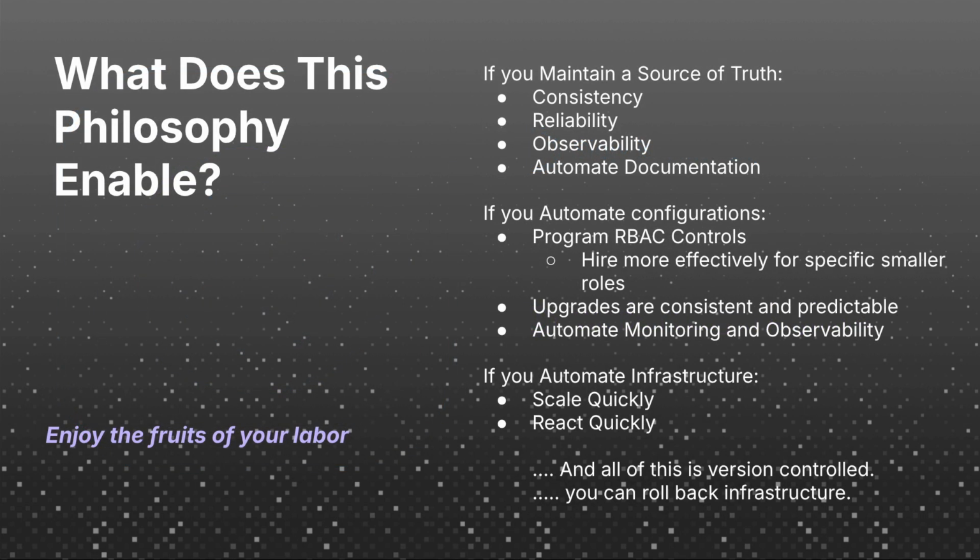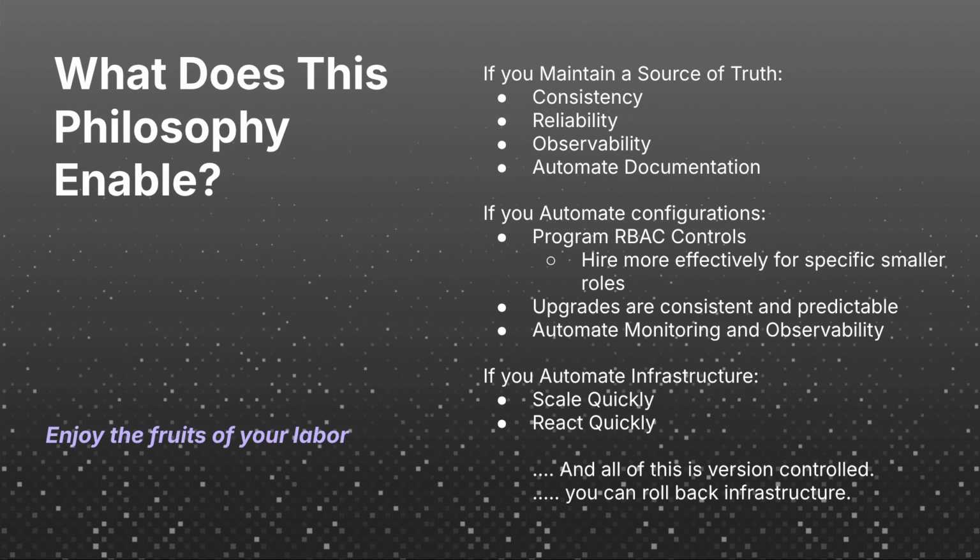So what does this philosophy enable? If you maintain a source of truth, you get consistency, reliability, observability, and comfort, ultimately. If you automate configurations, we can then begin to abstract role-based access controls. Every single system has different values that they want and different naming conventions for a role.